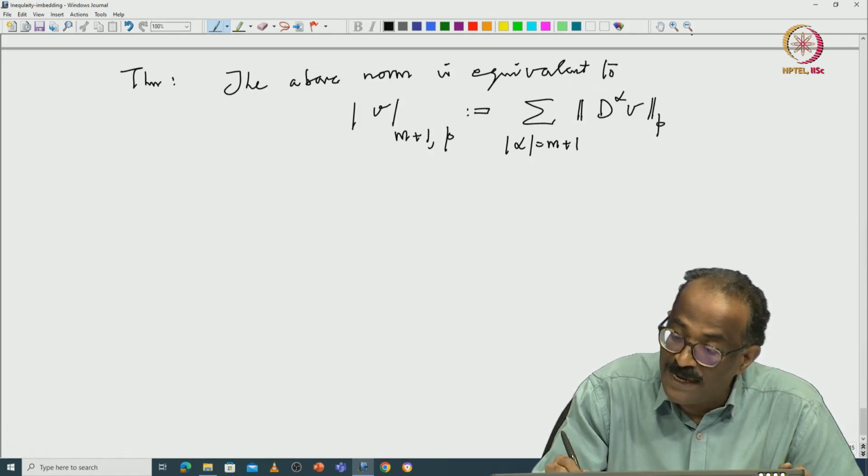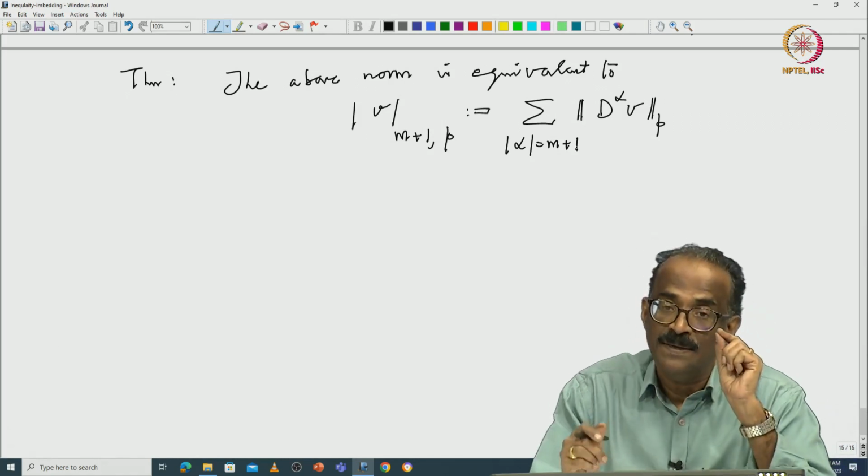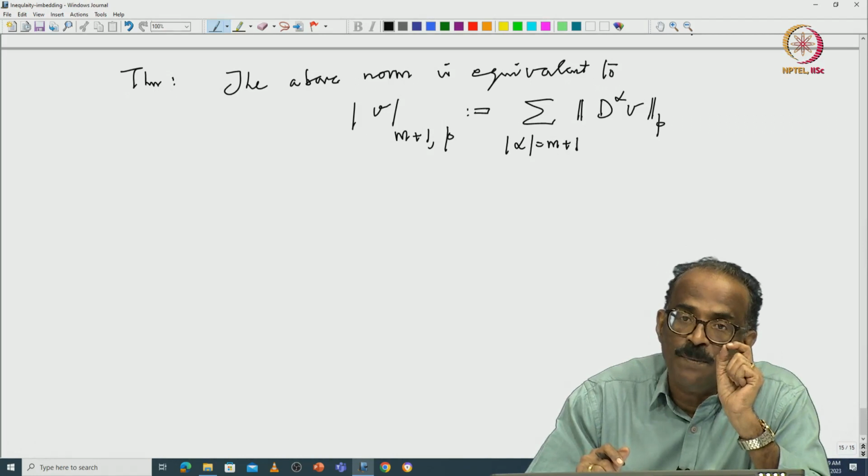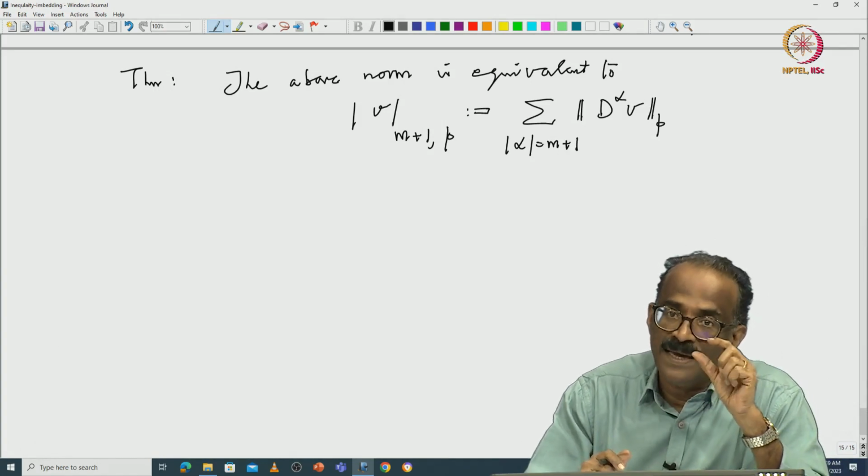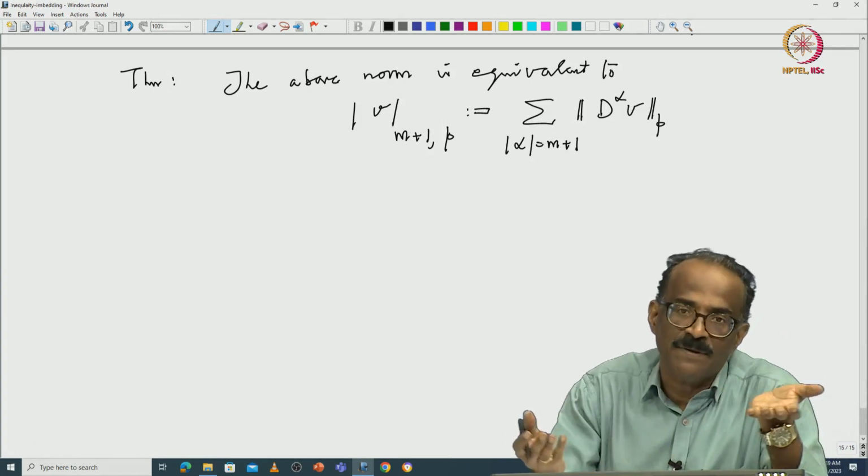See, when you add a polynomial of degree m, the m plus 1 derivative of that vanishes.